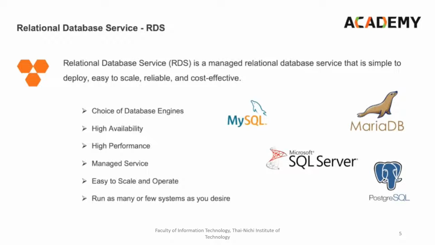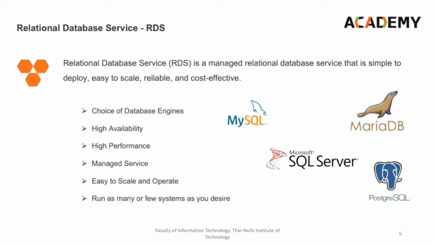For RDS to be easy to scale, we have a choice of database engines. MySQL is a database engine, MariaDB is a database engine, SQL Server is a database engine, and even PostgreSQL is another database engine. And there are so many other database engines available with Alibaba Cloud.